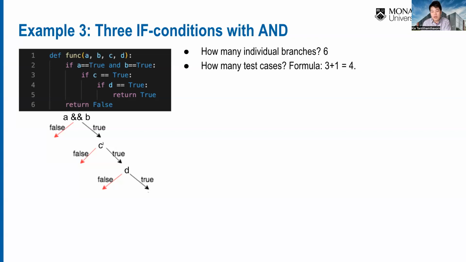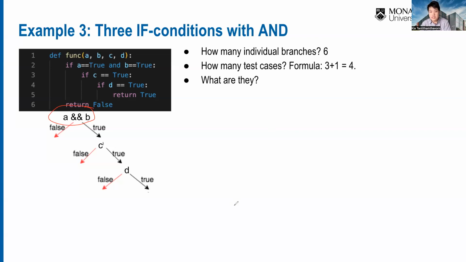We don't care about whatever exists inside. So in this case, we consider both A and B together as one outcome of this if statement. A equals true and B equals true. So the outcome of this if statement can be only 2 things, either true or false.